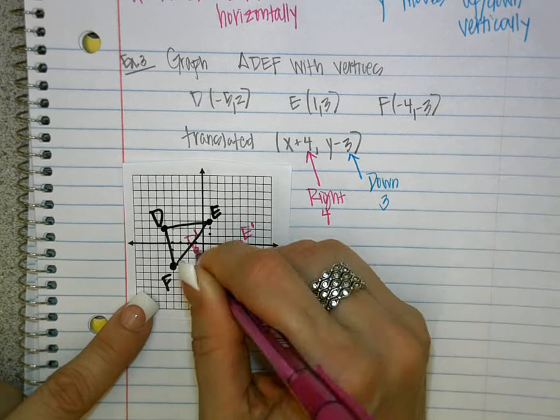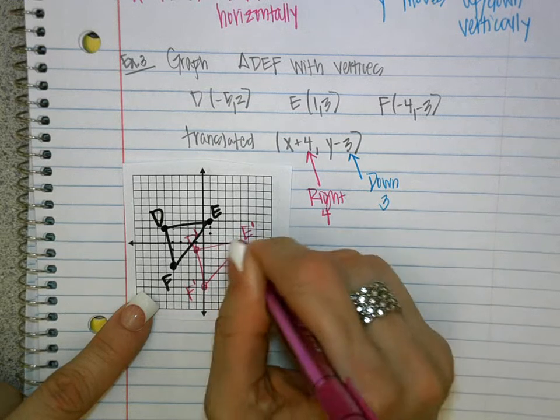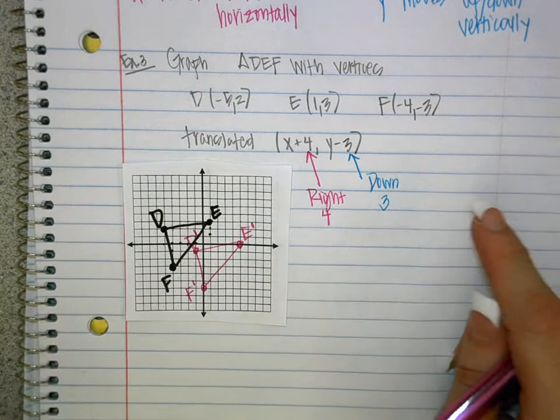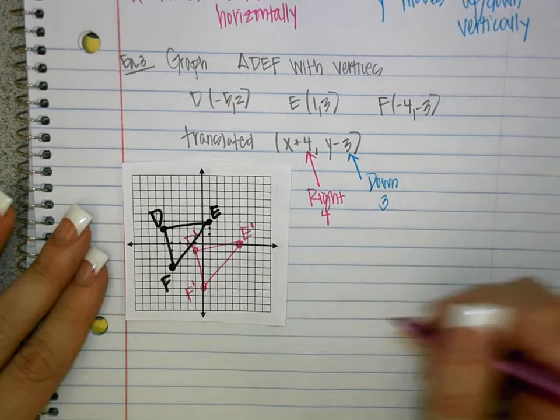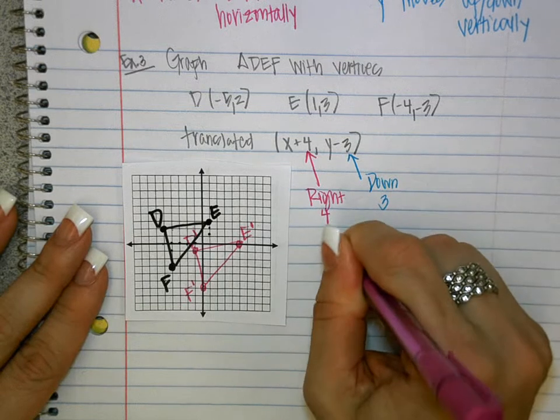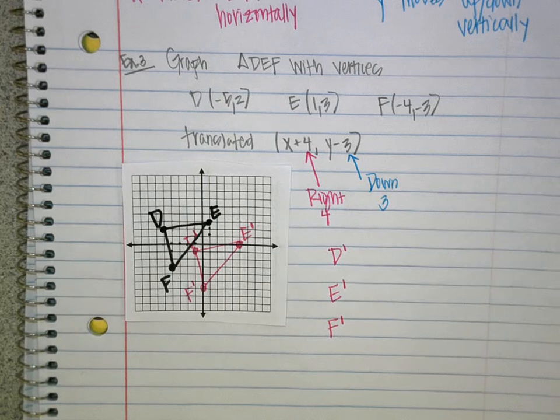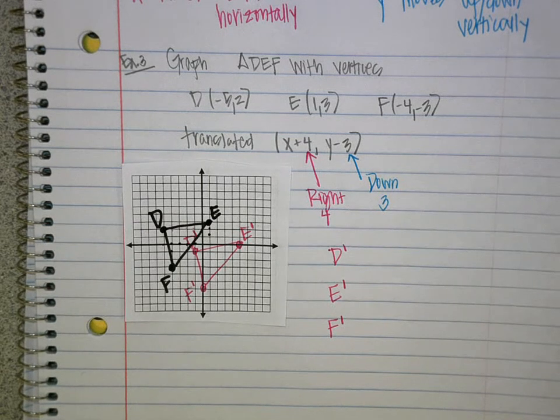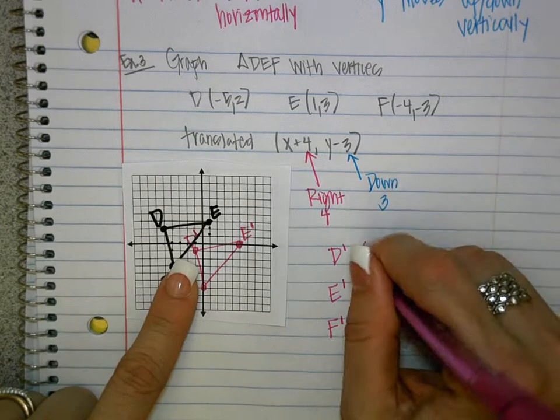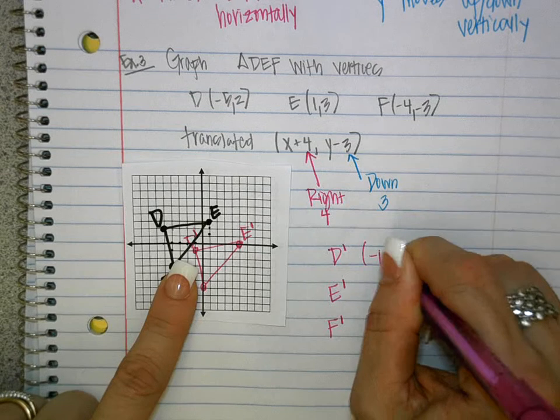Then connect the dots, and I want you to label those coordinates. So give me the coordinates of each of those points, D prime, E prime, and F prime. D prime is at -1, 1.